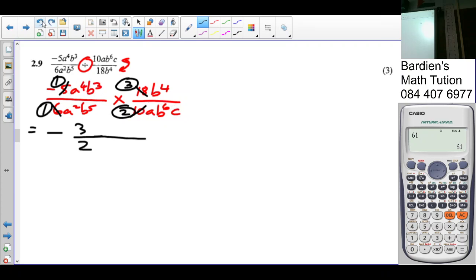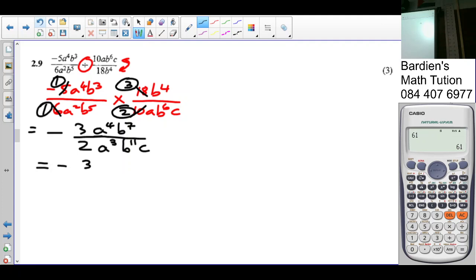So a4 times a4b cubed times b4 is a4b7. What is a squared b5 times ab6c? A cubed b11c.